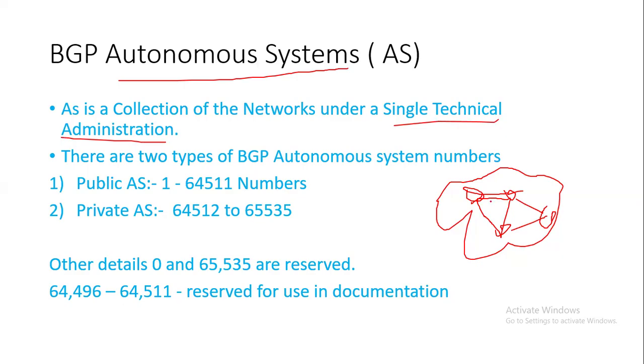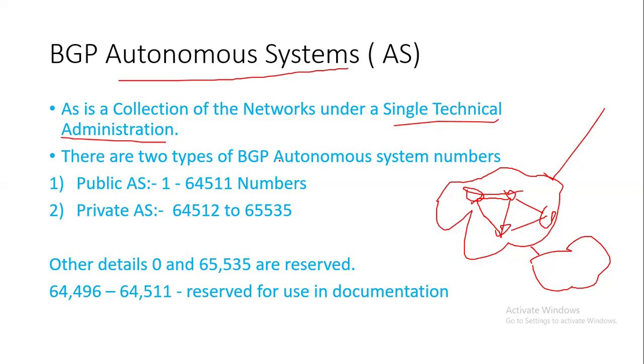Inside the AS there are multiple interconnected routers, like the mesh topology we already saw. If you want to connect a different AS, we'll see that in the exterior gateway protocol, that is external BGP as well. But here we need to focus on the routers inside the AS.